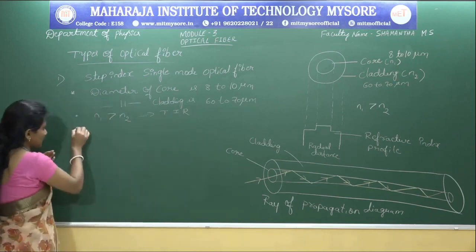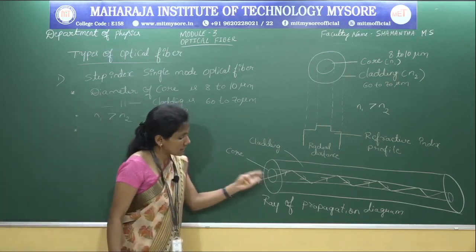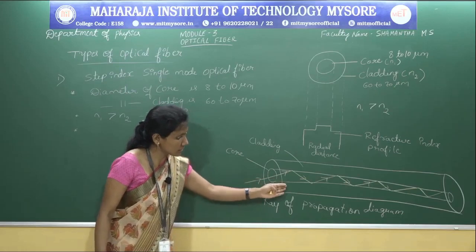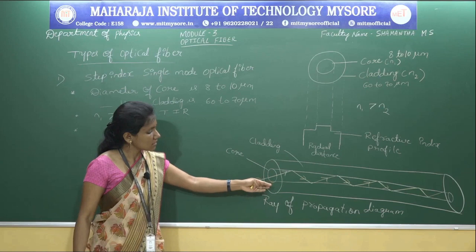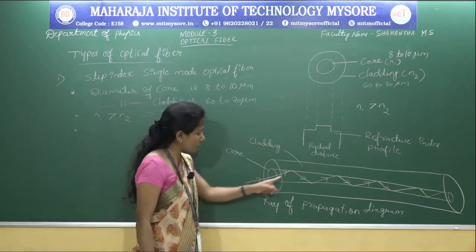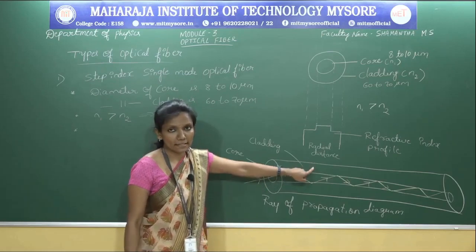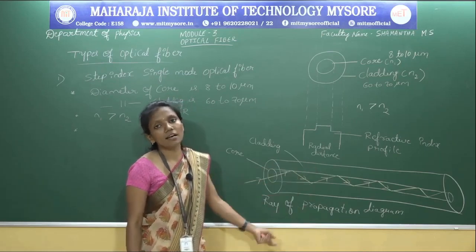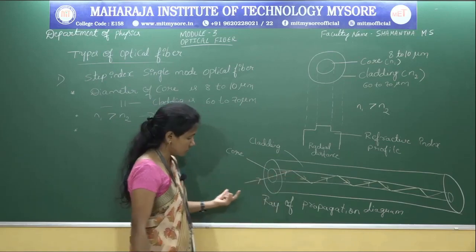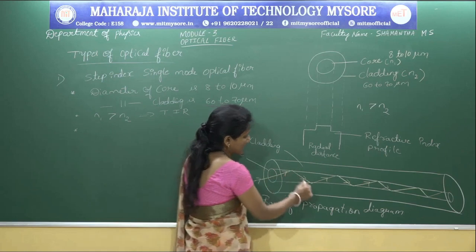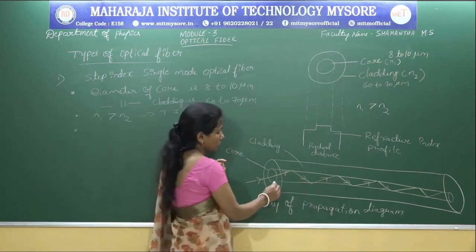As the light signals pass inside the optical fiber, at the interface of the core and cladding there is a sudden change in the refractive index.